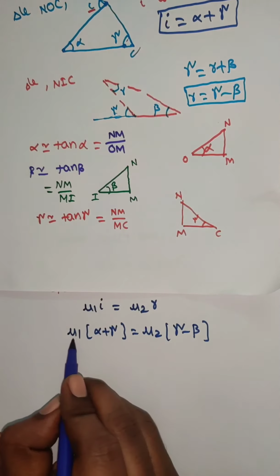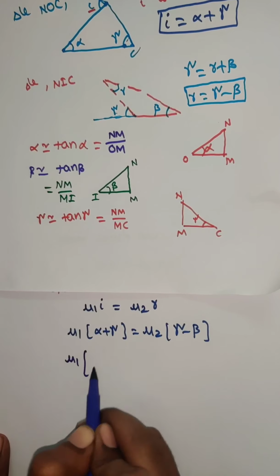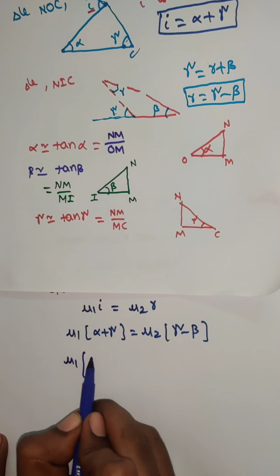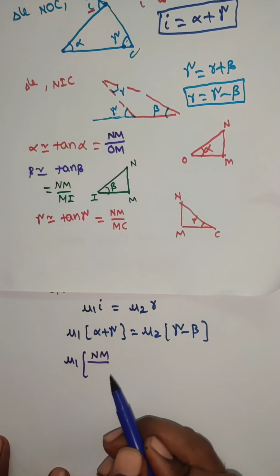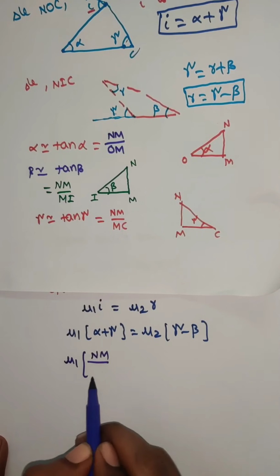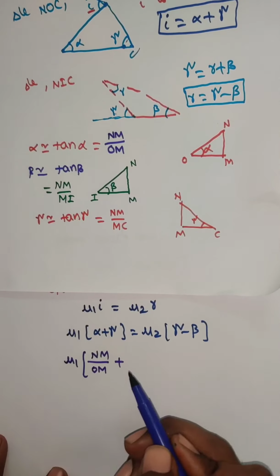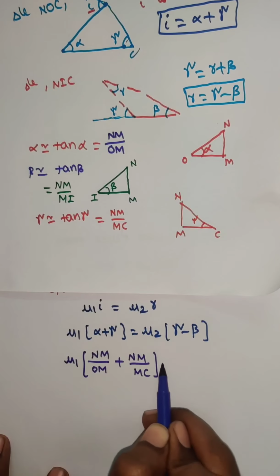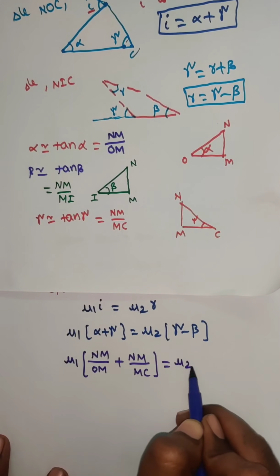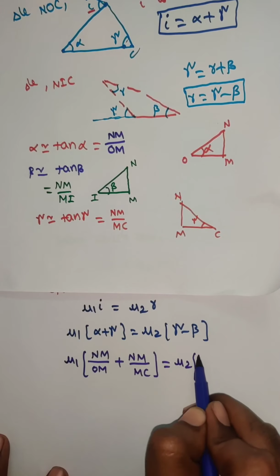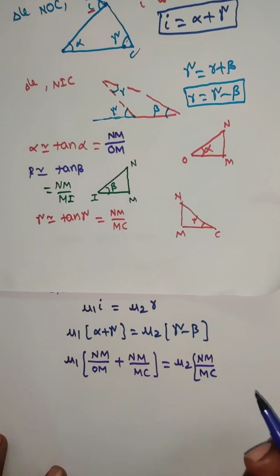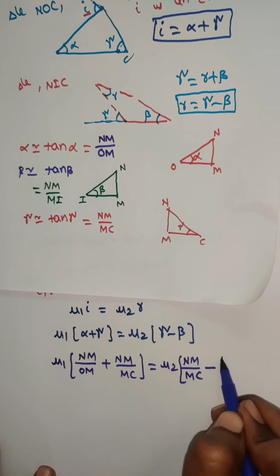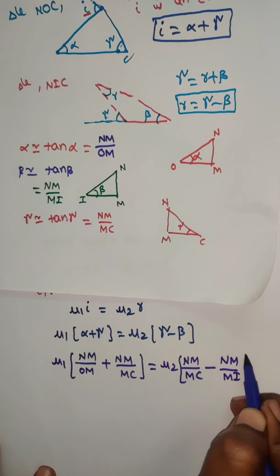And mu1 into, we can write alpha equal to what we know, alpha equal to NM by OM, plus gamma is equal to NM by MC, that is equal to mu2 into gamma, you can write NM by MC, minus beta, you can write NM by MI.